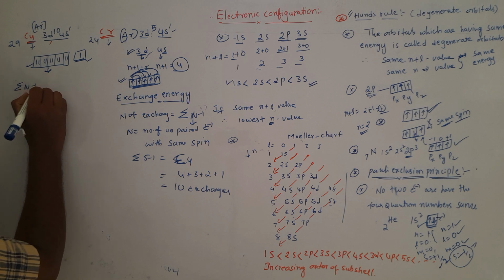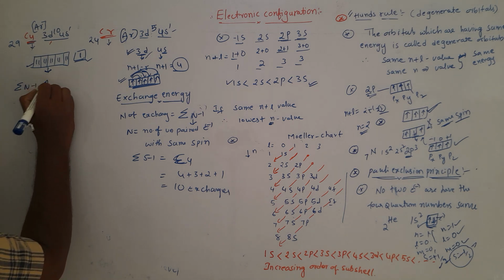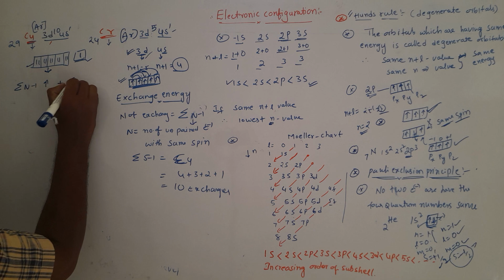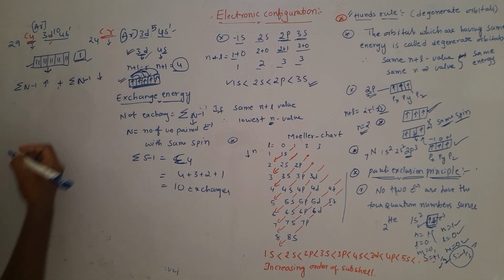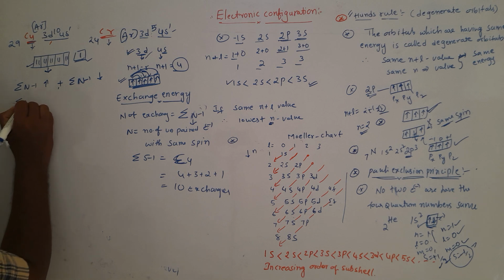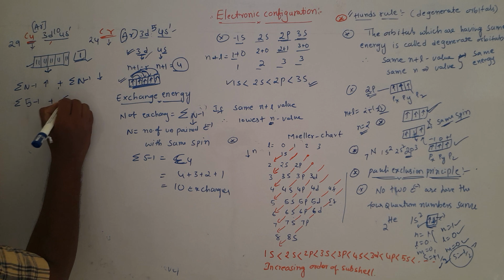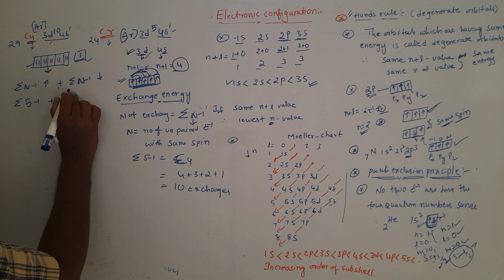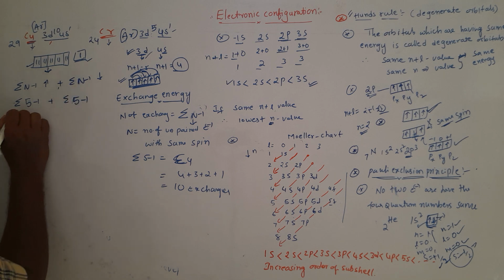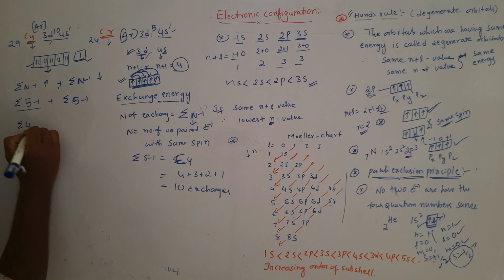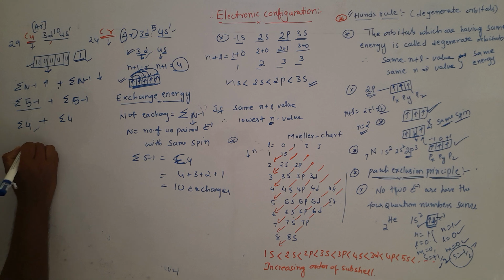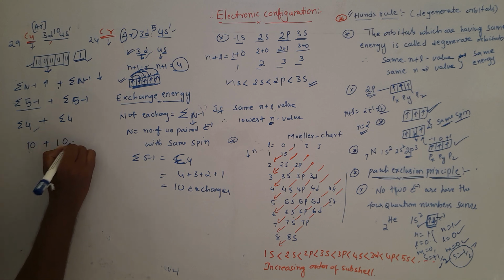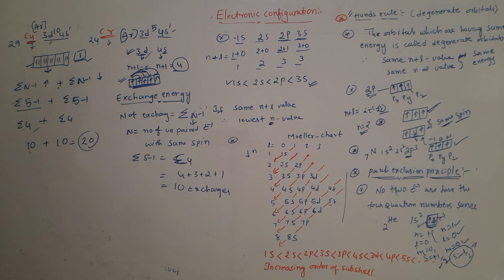is summation of n minus 1 with the upward direction plus summation of n minus 1 with the downward direction. So here 5 electrons with upward direction plus 5 electrons with downward direction. Summation of 4 is 10, and here also summation of 4 is 10, so totally 20 exchanges are possible.